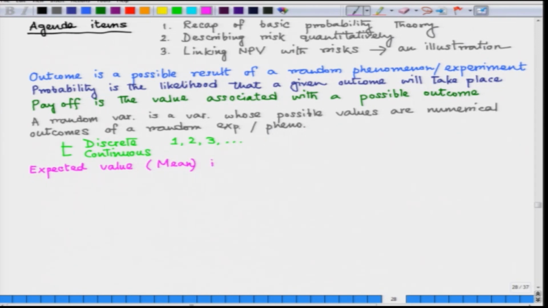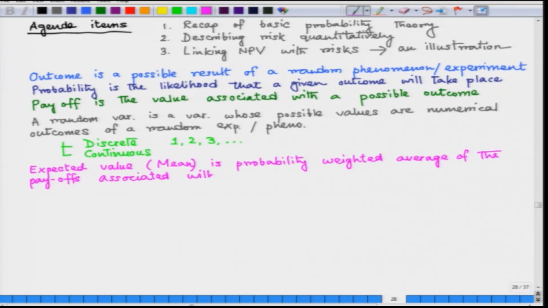So, expected value or mean is probability weighted average of the payoffs associated with all possible outcomes.